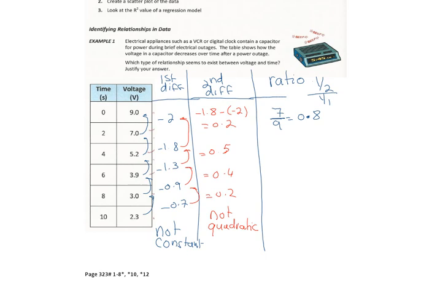This is where it's important to know how to round. If I do 5.2 divided by 7, I get 0.8. If I do 3.9 over 5.2, I get 0.8. If it's not 0.8, it's 0.79 or 0.78 or 0.77, right? So it rounds to 0.8.